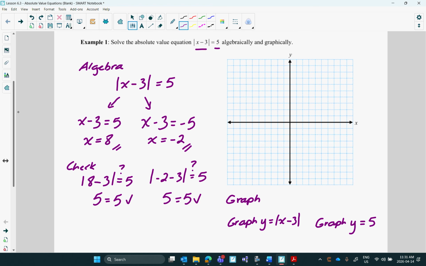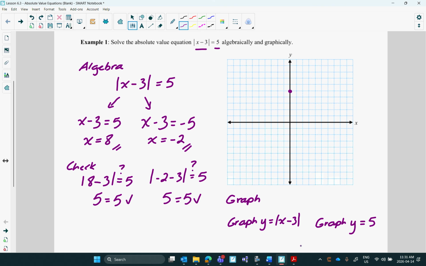What kind of line? You know this. Well, if we graph y equals 5, is this where y equals 5? Yes? Where else does y equal 5?